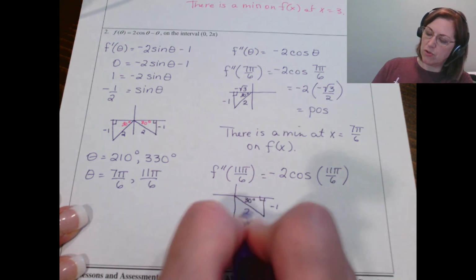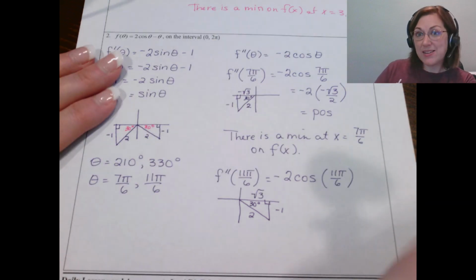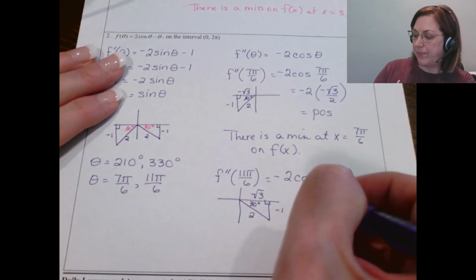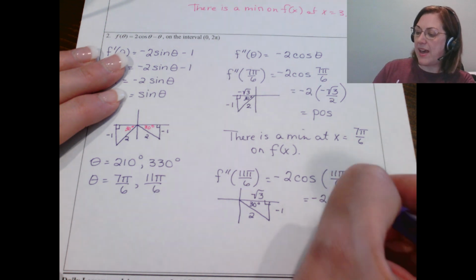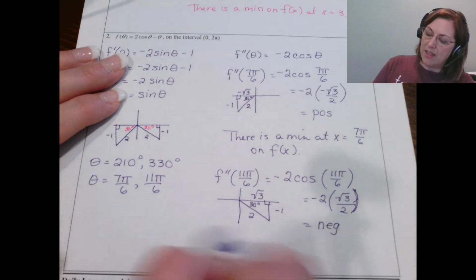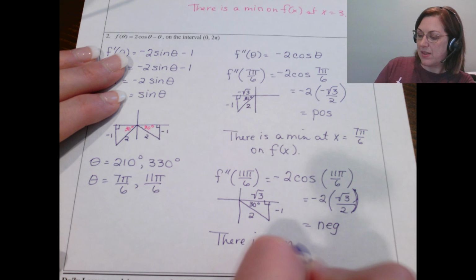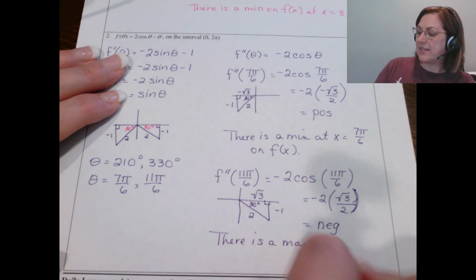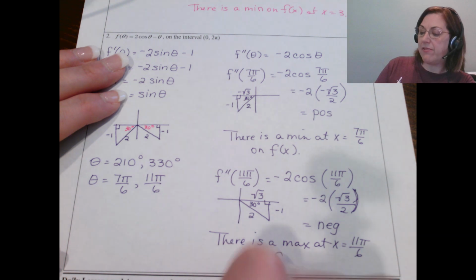Label the sides of your triangle. And this time the cosine would be positive square root of 3 over 2, which when I multiply by that negative 2, I'm going to get a negative value. That tells me there is a maximum at x equals 11 pi over 6 on the graph of the function.